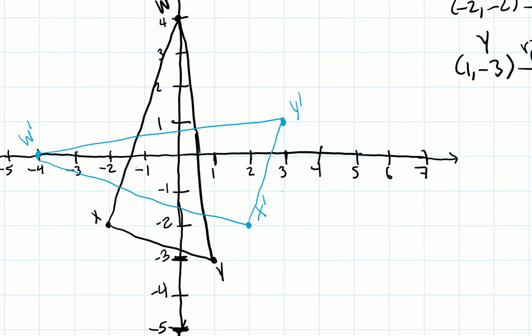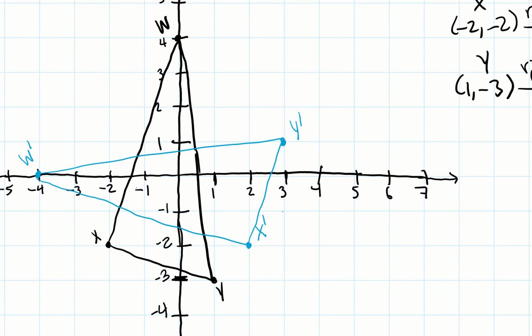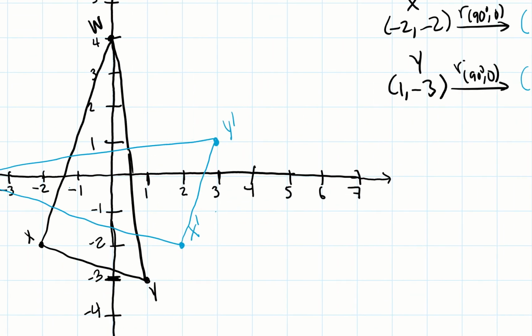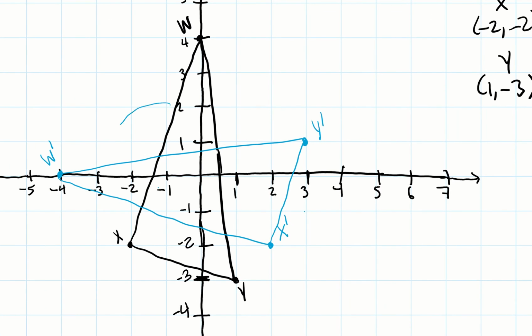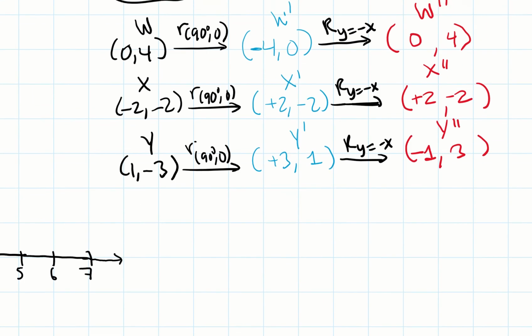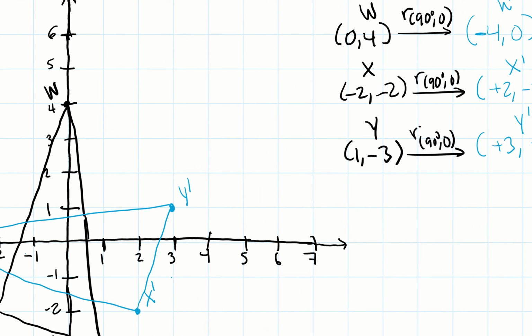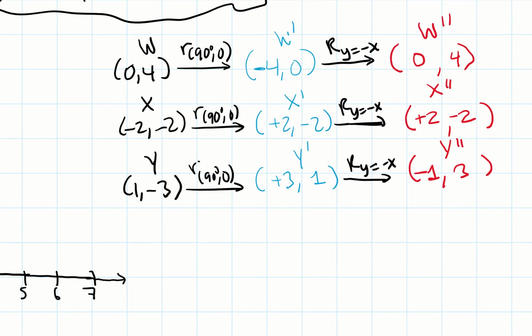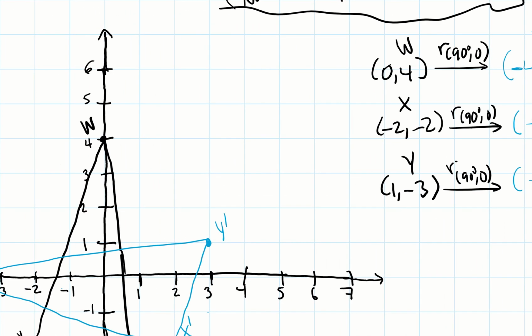Okay, so basically to get from the black to the blue, we rotated it 90 degrees this way. Okay, so now we're going to do the red one, so 0, 4, or this should say, yeah, so it'd be 0, 4.